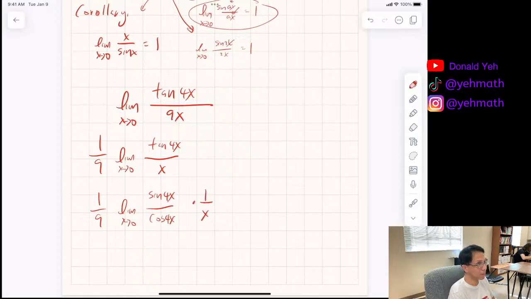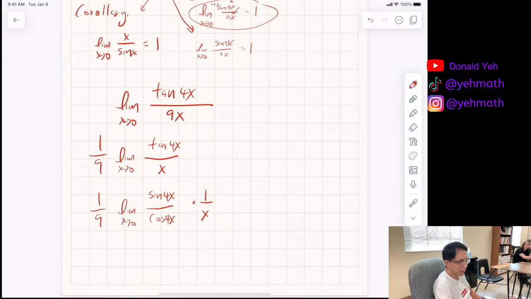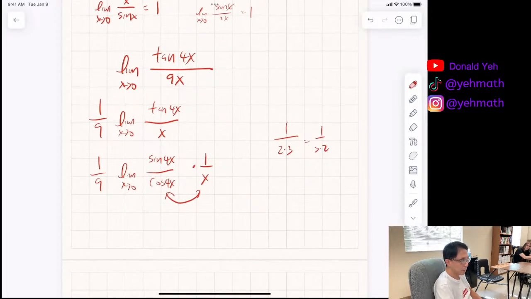Now, it doesn't matter that cosine 4x times x is on the bottom. Can I switch these two in place? I think I can switch them because they multiply each other. Just like 1 over 2 times 3 is equal to 1 over 3 times 2.